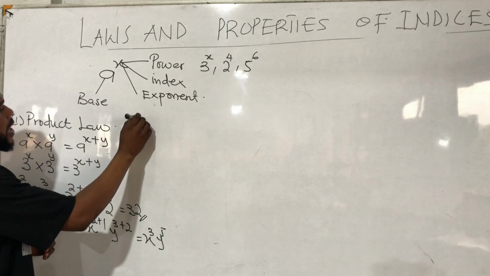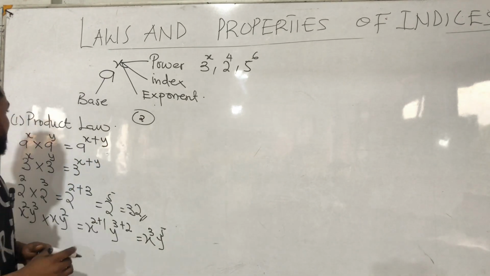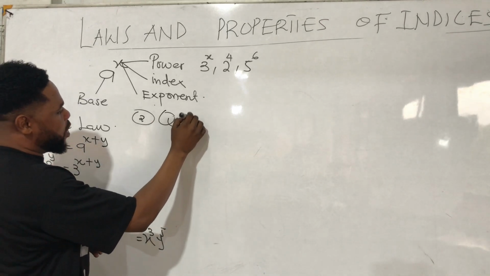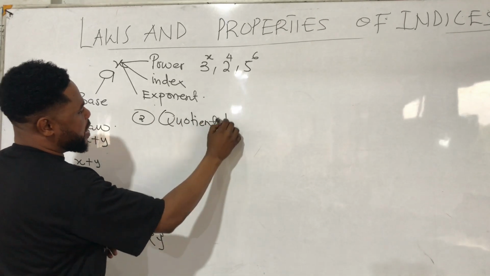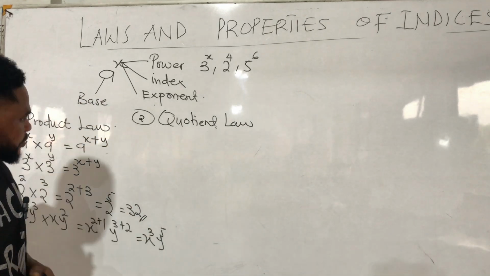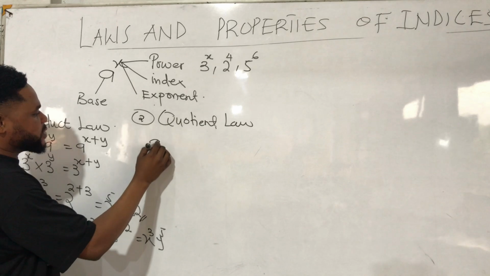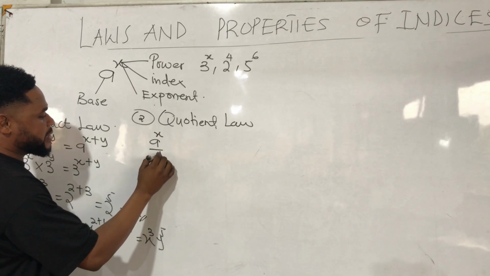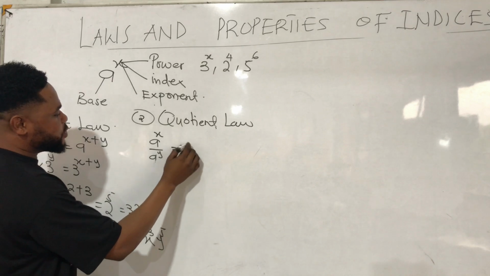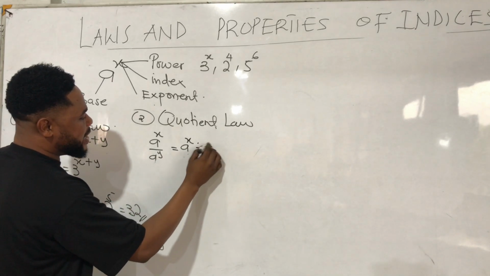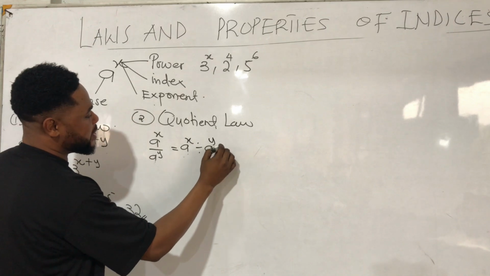Now let us look at the second law, called the quotient law of indices, which talks about division. If I have a raised to the power x over a raised to the power y, it is equivalent to a raised to the power x divided by a raised to the power y.